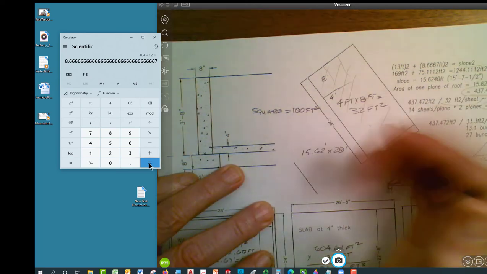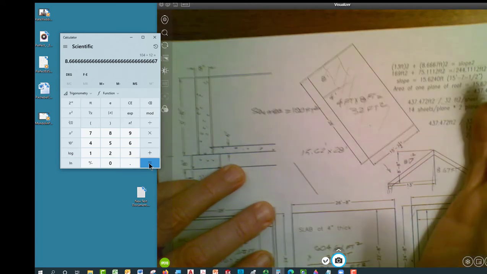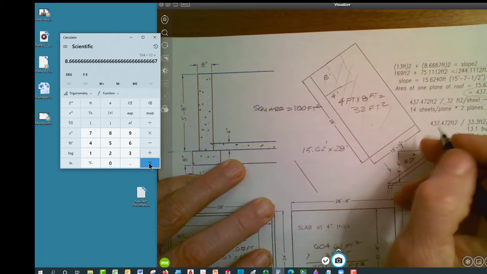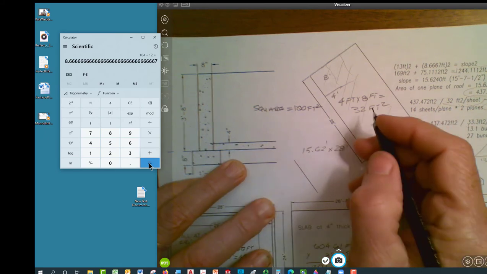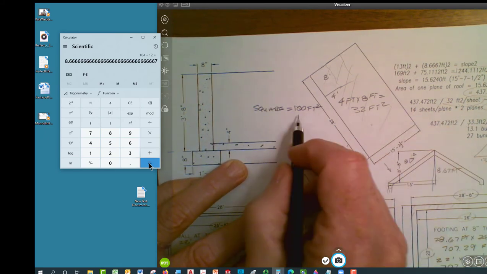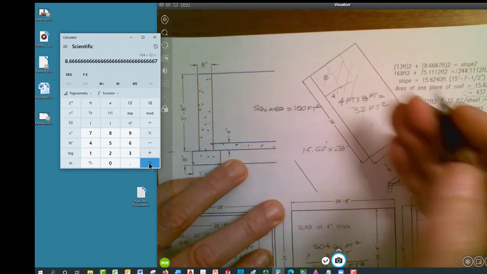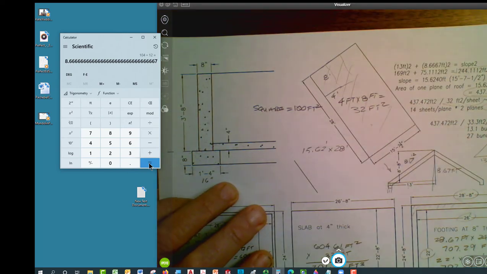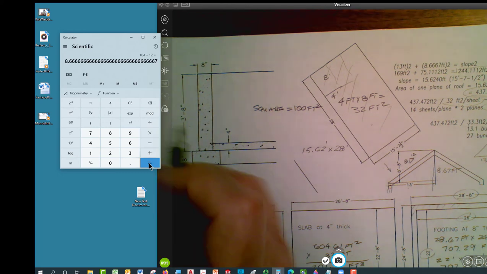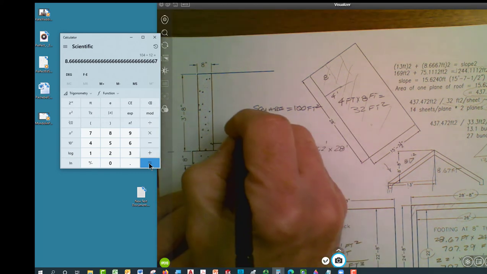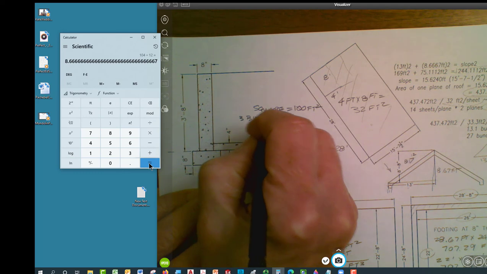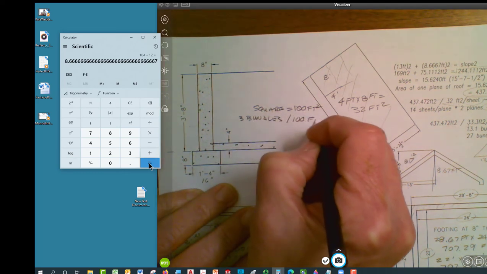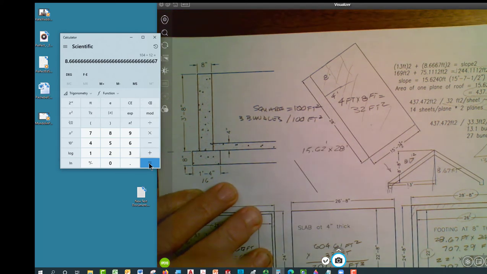Now, it would be convenient to sell shingles in bundles of 100 square feet, except it would weigh so much that nobody would be able to pick it up and carry it. So you got to put roofing up on a roof. So what they decided to do was to make that some fraction of 100 square feet for each bundle, so that you could have an individual bundle that weighed less than the value of the 100 square feet. So it turns out that there are 3 bundles per 100 square feet, 3 bundles per square.